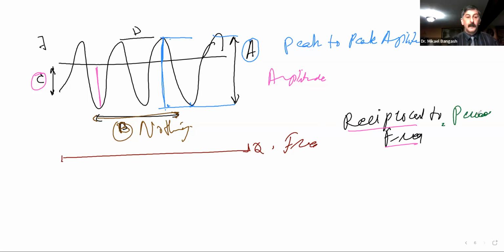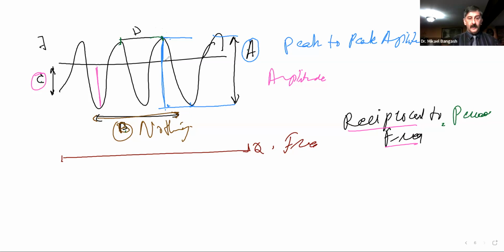Of all these lines, whether A, B, C, or D, it's D. It goes from the beginning of one cycle to another, or from identical points on a cycle to an identical point on the following cycle.